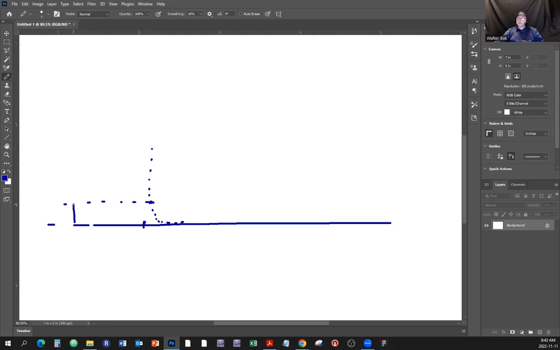This distance is going to be 5 inches. Okay, that's what that means. Now, we're going to take a look at some of the offset bending.